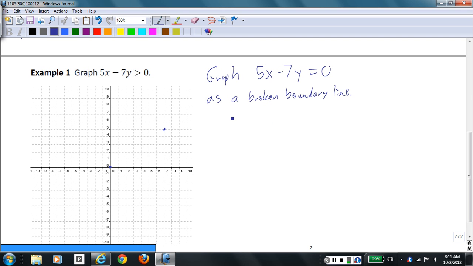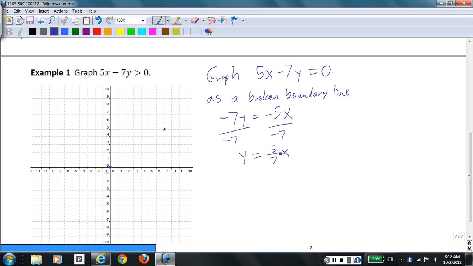So if we write negative 7y equals negative 5x by subtracting 5x from both sides, and then divide both sides by negative 7, y equals, well, we can't reduce 5 over 7, but a negative divided by negative is a positive. So we can get from this that the slope is what? It is positive, and specifically, of course, 5/7.